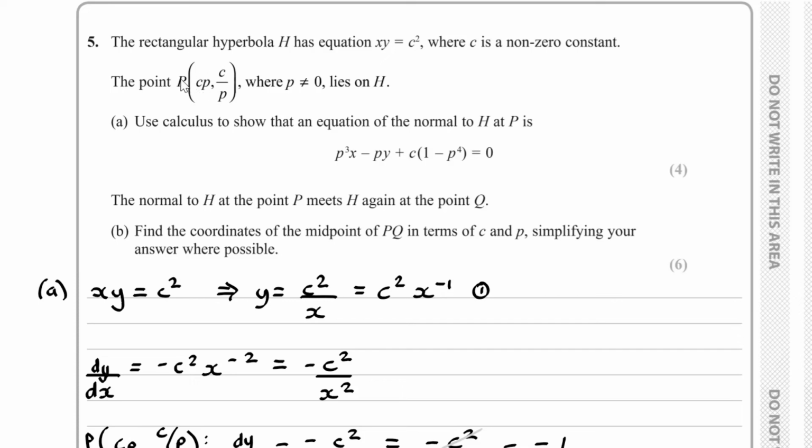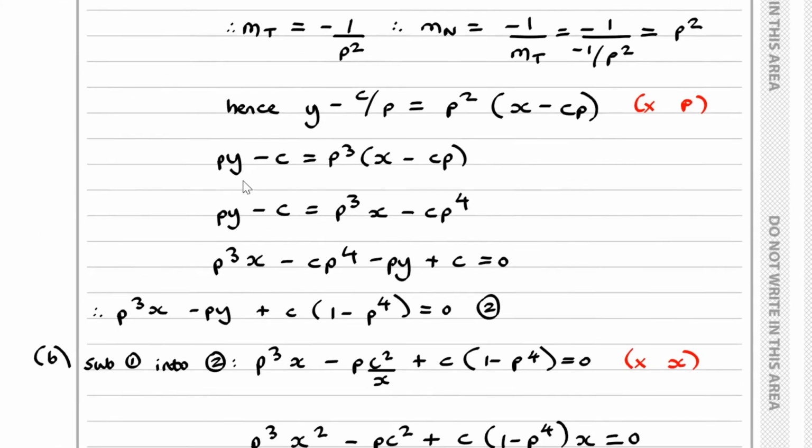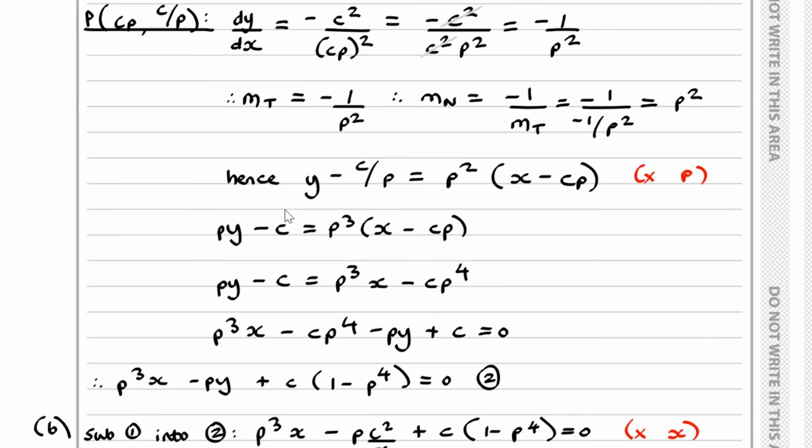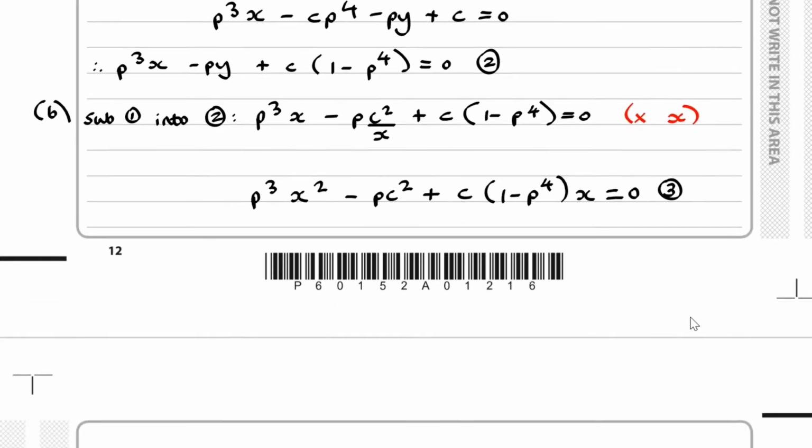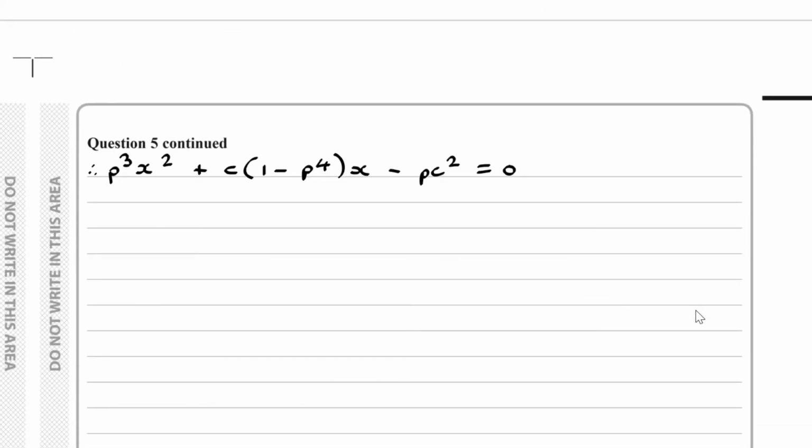And if you look at the coordinates of p, we see over here cp is an x coordinate of p, and therefore we can see that if I call this equation 3, we can hopefully recognize that x equals cp is a solution to 3.